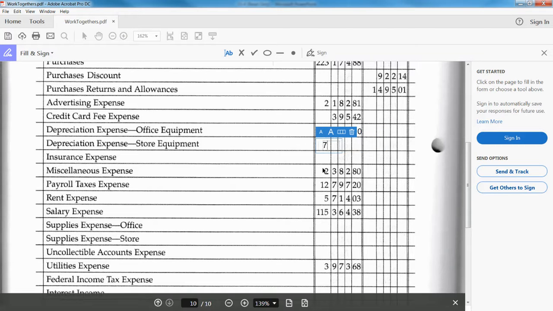Depreciation expense store equipment is $7,440.